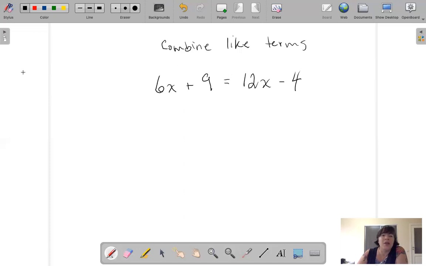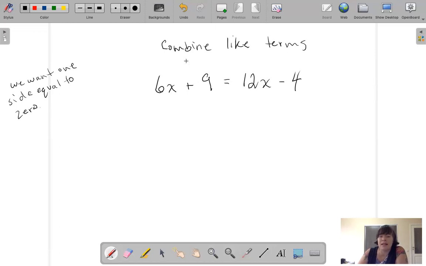Okay. The whole point is to get one of these sides equal to 0. We want one side equal to 0. Okay. I'm going to choose this side.